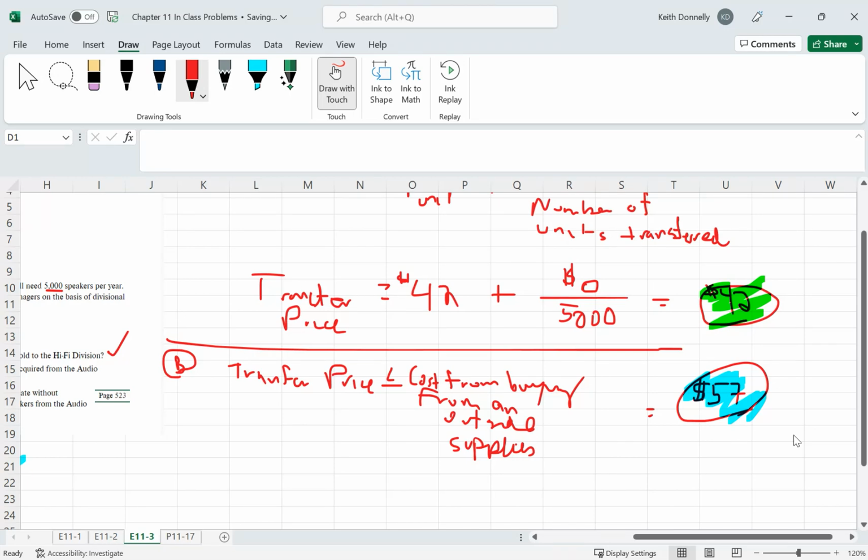Again, what they do there is look to the external market. I'm not going to pay you more for this product than what it would cost me on the open market. That would be kind of silly.